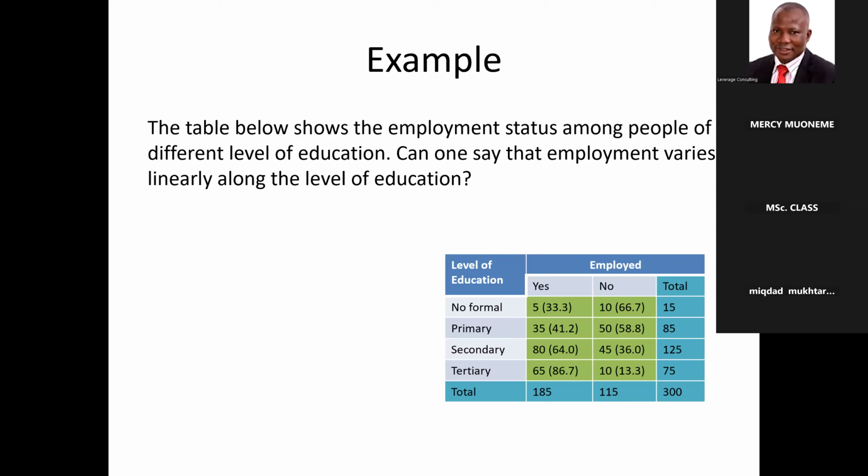If we didn't put the percentage, people may think the most employed will be secondary, because it's 80, while tertiary is 65. But that secondary, 80 over 125, is smaller than 65 over 75. Can you see now? That's why you must know the percentage.